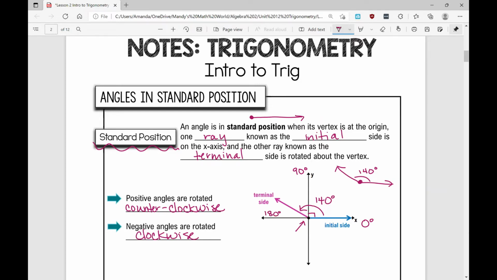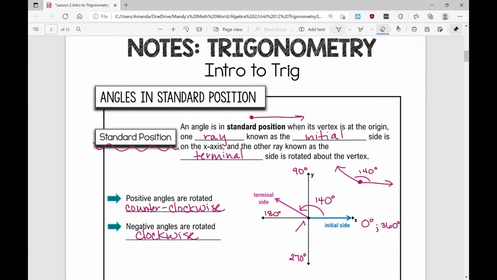If I went all the way around to this line right here, that would be an extra 90 degrees. That's 270 degrees. And if I went all the way around back to that x-axis on the right side, that initial side, that's 360 degrees. So that's how we're going to show measure using angles in standard position on the coordinate plane.